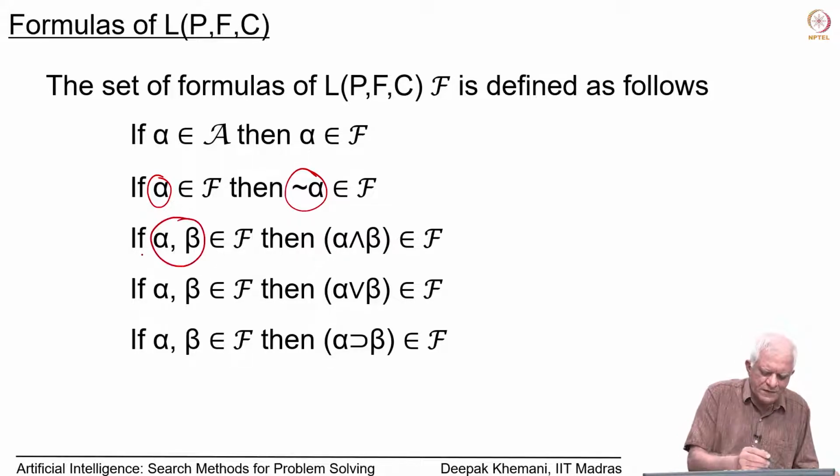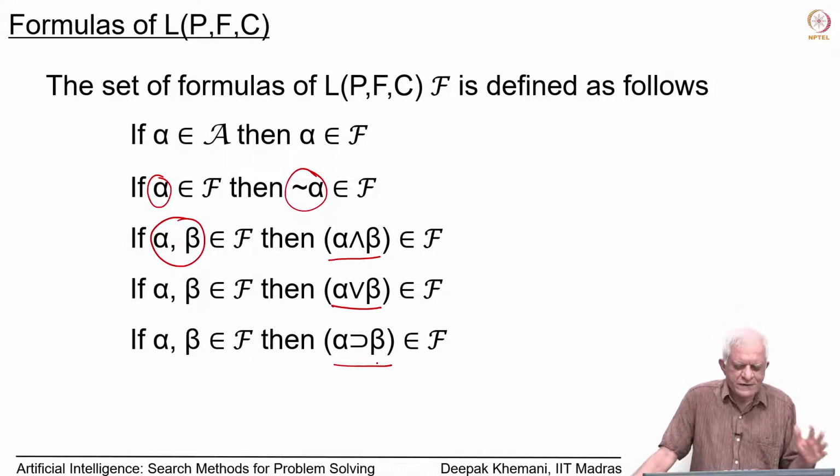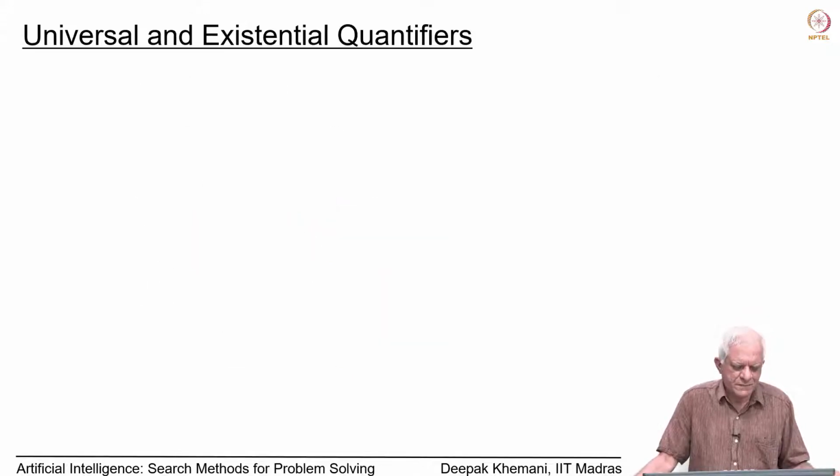If alpha and beta are formulas, then alpha and beta is a formula. Alpha or beta is a formula. Alpha implies beta is a formula. So, you can keep adding. So, as you can see, the language will have infinite sentences, infinite formulas, and that is because you can keep using connectives and keep adding more and more formulas to that. So, that is the language that we are talking about.